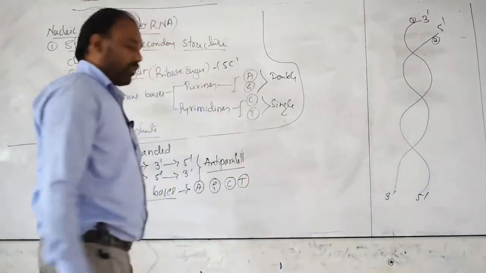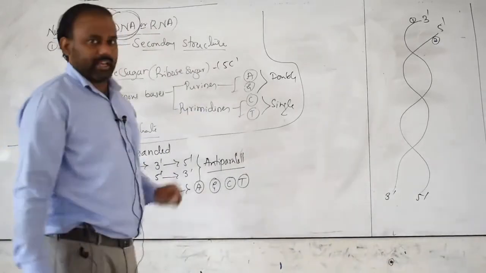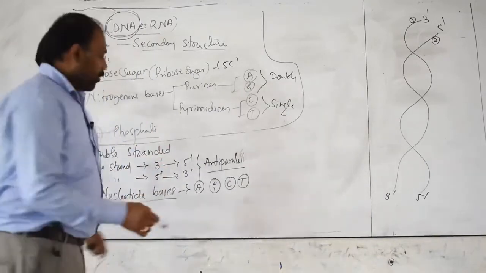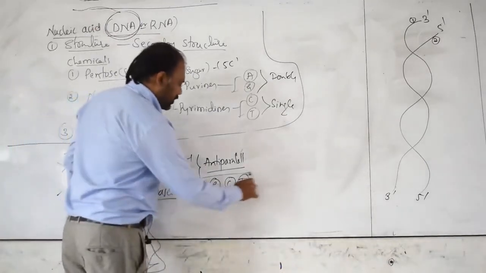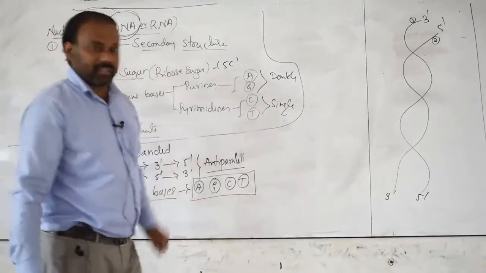So these 4 different nucleotides are present in the DNA. The most important thing to understand is where these 4 are present in the structure.